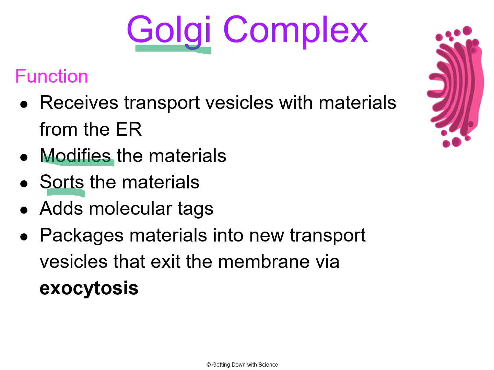So some of these cell tags that are responsible for cell communication are actually tagged in the Golgi apparatus. So they're like the packaging or the distribution center of the cell. And then once they're done, they will distribute these packages through their distribution regions.